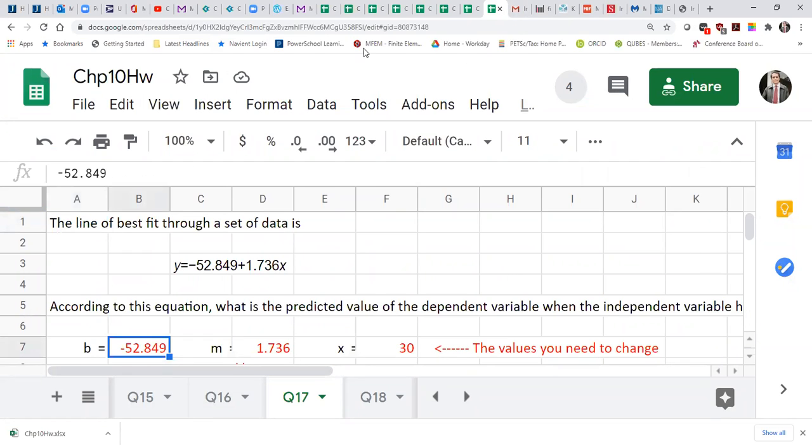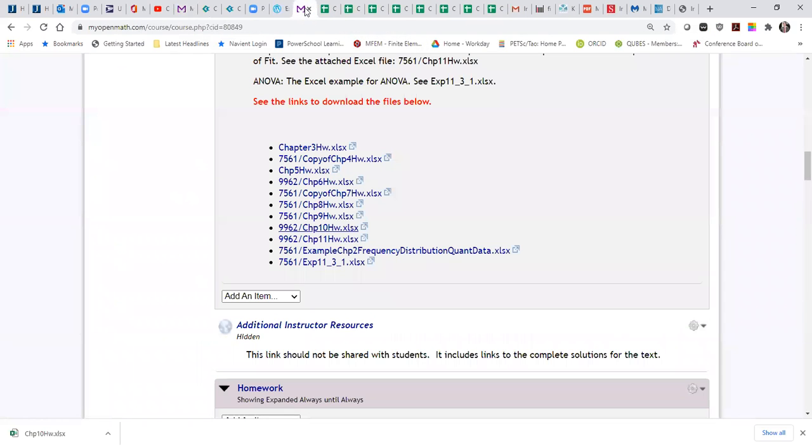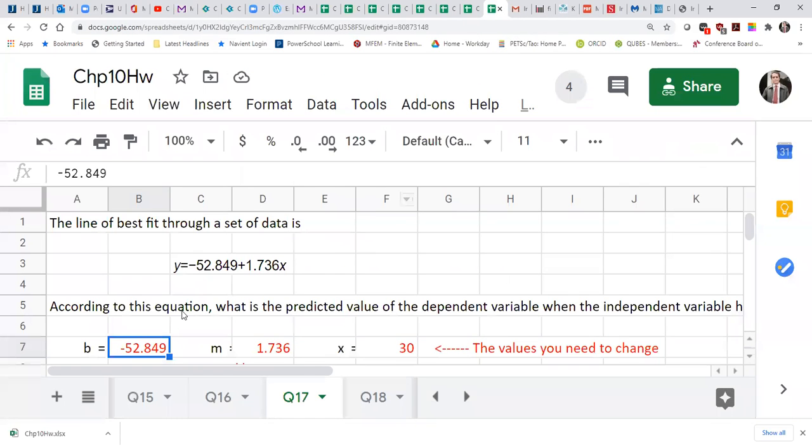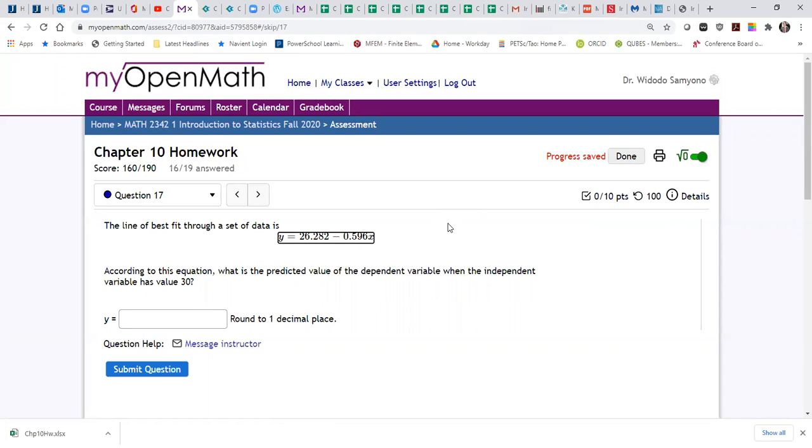In this case, the b will be 26.282. This is the B, and the M is negative 0.596.